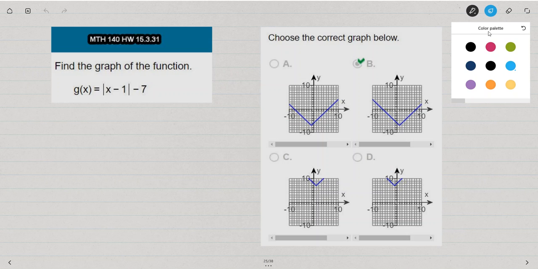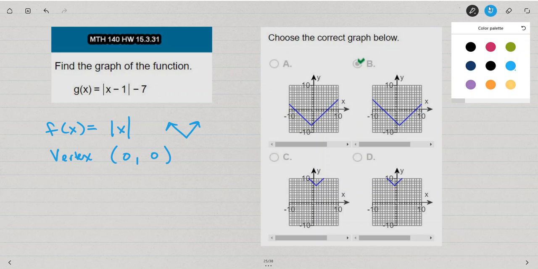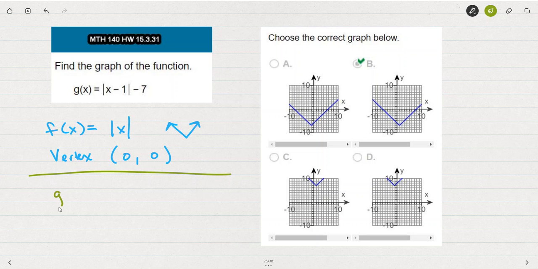Another way to see this is to first recognize it's an absolute value, so it's a V shape, but all 4 of these multiple choice options give us that V. But if I know that with this absolute value of x, the vertex is at 0, 0, then when I look at this g of x, I can see that the vertex is going to go right 1, so x is 1, and down 7, so negative 7.